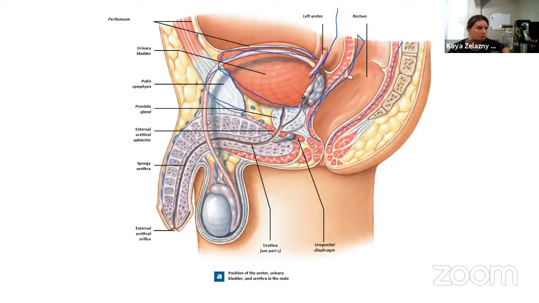Another important structure we want to be really aware of when we're thinking about the bladder in males is that the bladder is directly on top of the prostate.